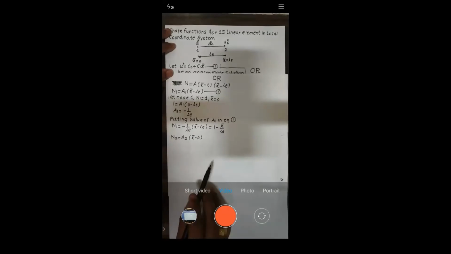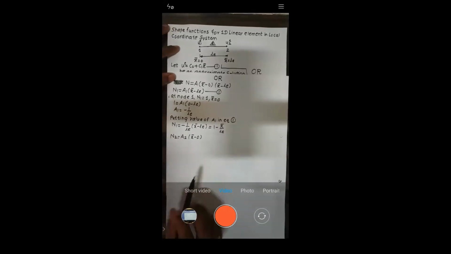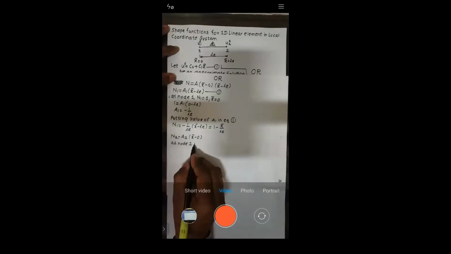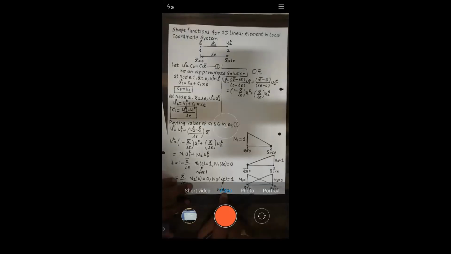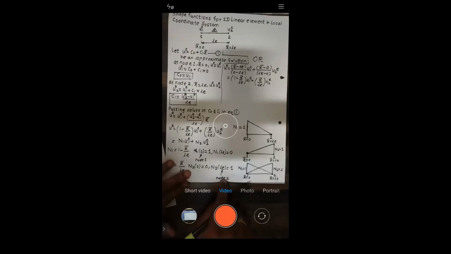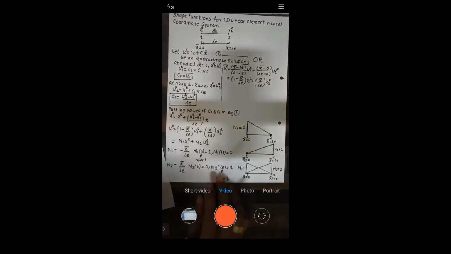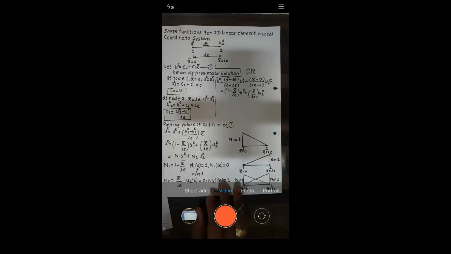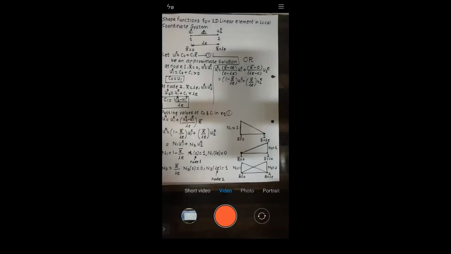So at node 2, what is the value of N2? See, at node 2, what is the value of N2? It is 1.